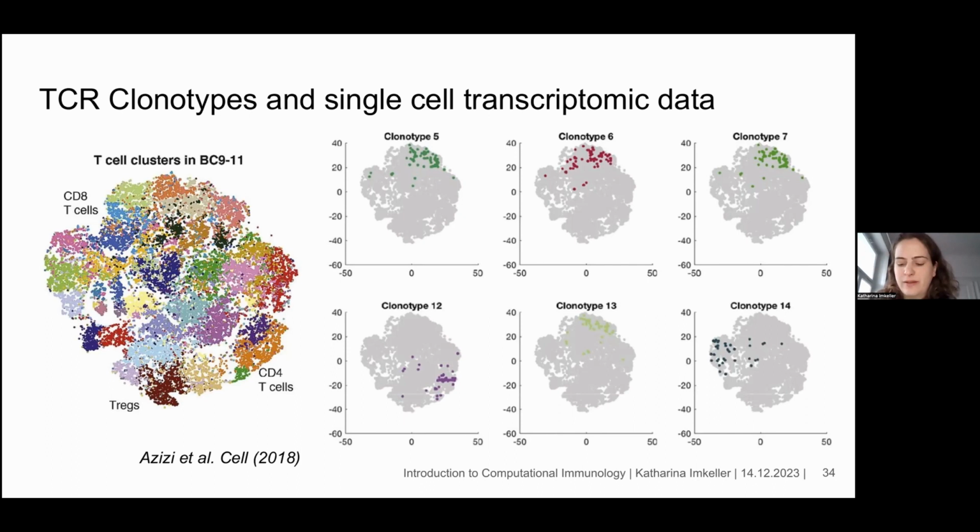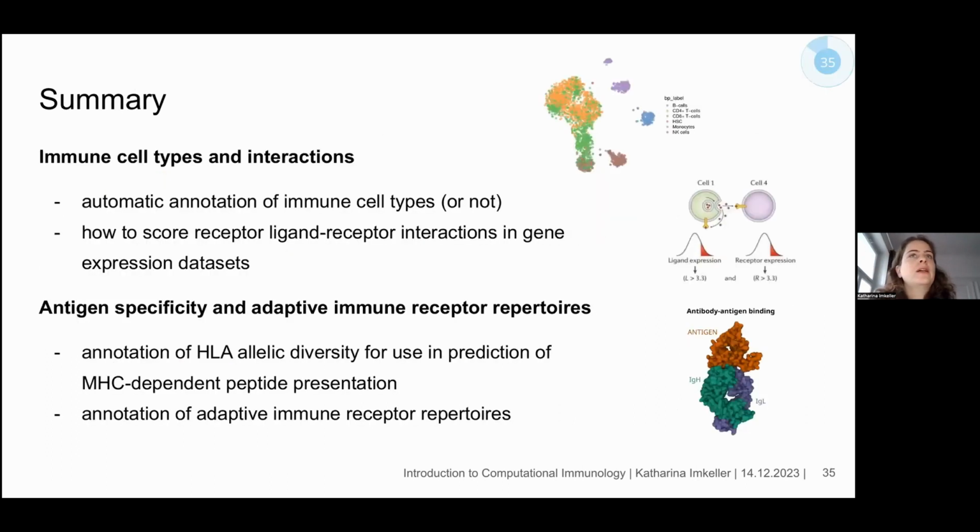As a summary, we've seen how to annotate immune cells, how to look at the interactions using receptor ligand databases. For the antigen specificity, I've talked about the annotation of HLA or MHC diversity and the annotation of adaptive immune receptor repertoires.